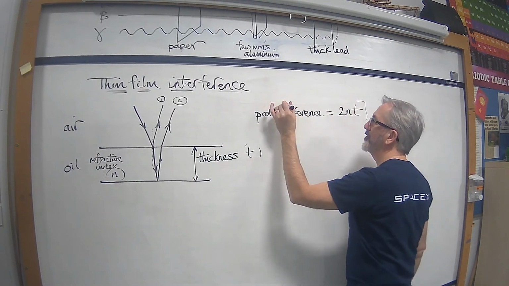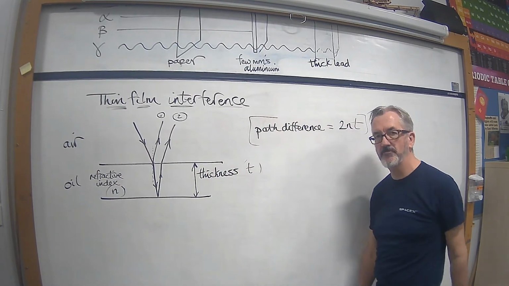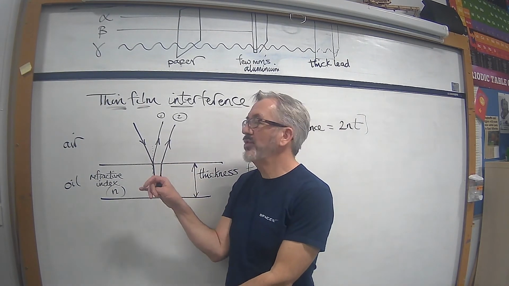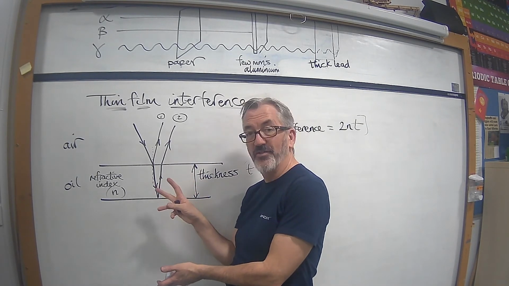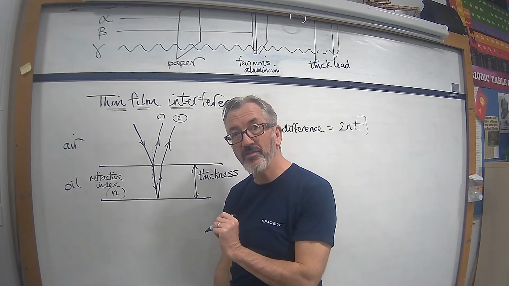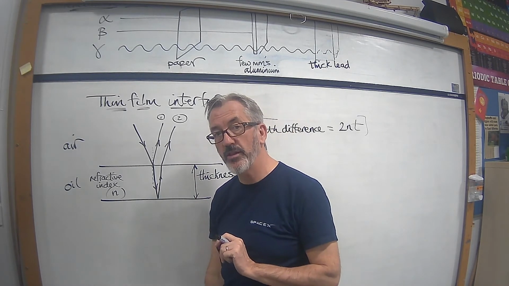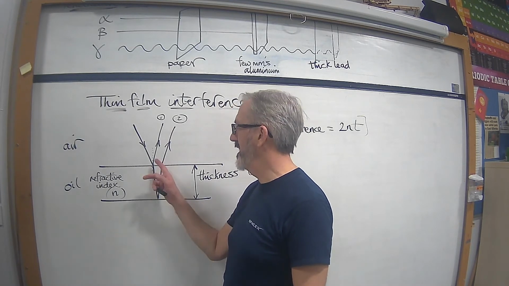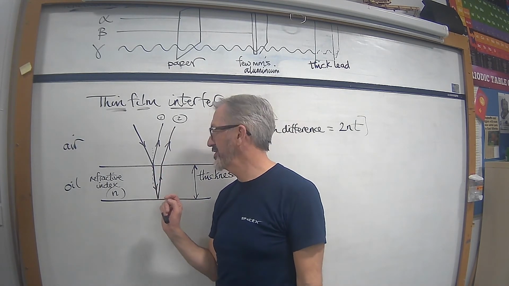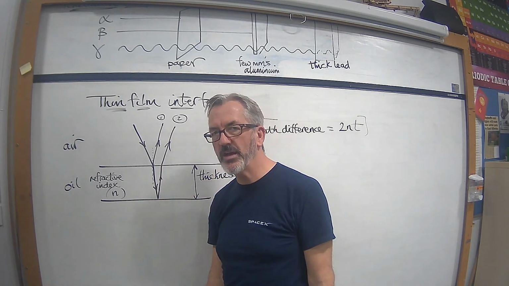That's the path difference that we're going to get between these two rays. Now, will they interfere constructively or destructively? It depends on whether or not that path difference is equal to a whole wavelength or half a wavelength. If we want destructive interference, that path difference has to be half a wavelength.